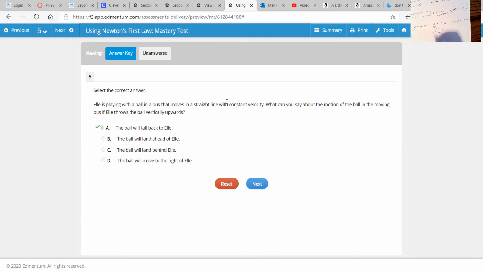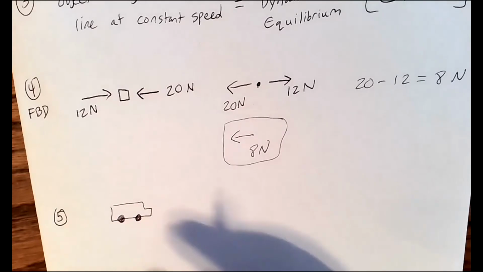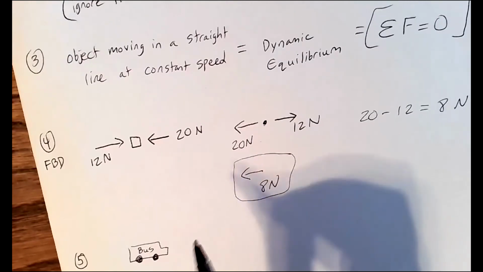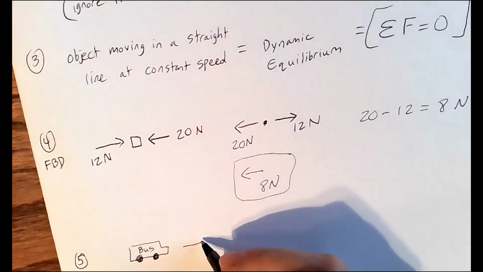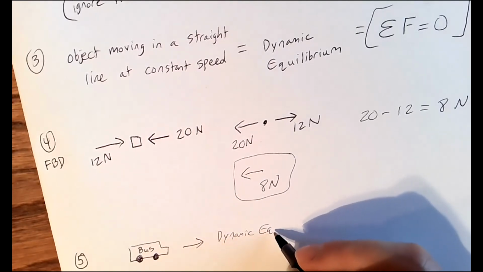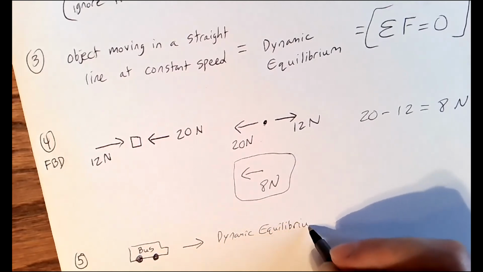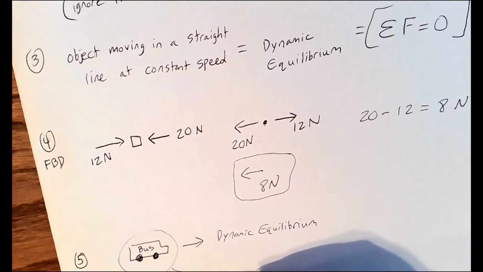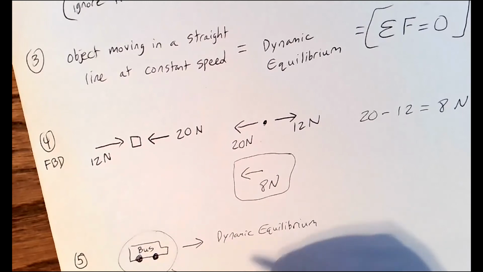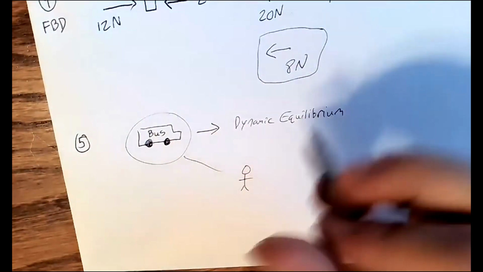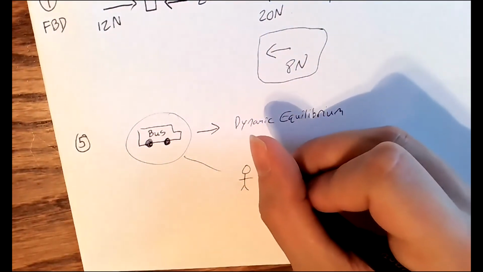it's a very sloppy bus. Bam, bus. If you can't tell it's a bus, now you can. So if this bus is in dynamic equilibrium, and then within that bus you have L, throw a ball up into the air.